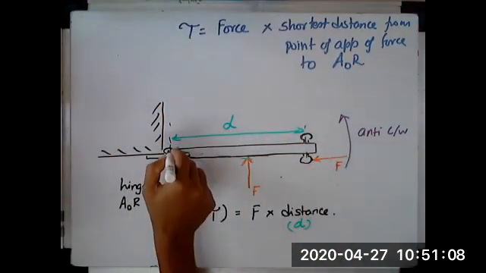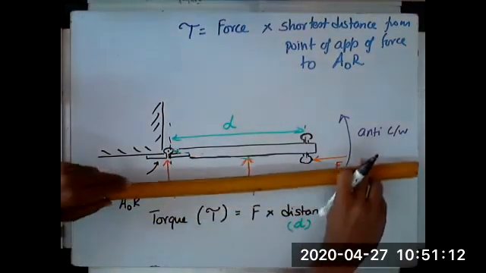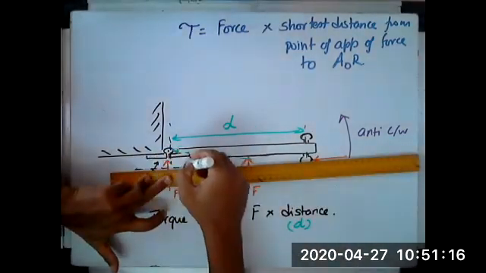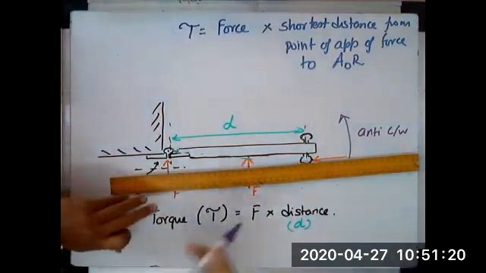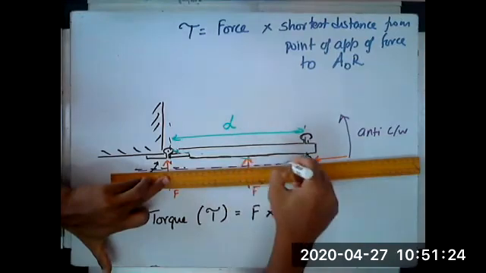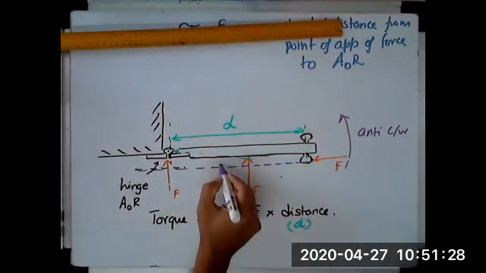So there is a distance from there to the hinge. So that's not quite right. But if you take this as the line of application of force, I'll use a different color to show the line of application of the force. So the purple line indicates the line of application of the force.